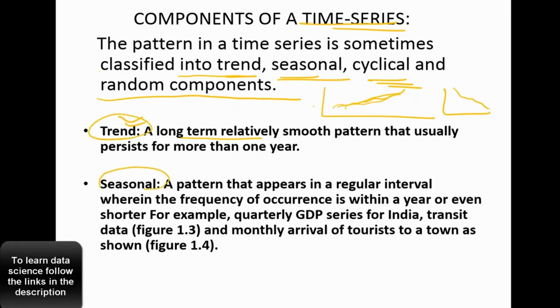And then we call it seasonal. A seasonal pattern is nothing but something that appears at regular intervals, wherein the frequency of the occurrences is within a year or even shorter. For example, quarterly GDPs, or maybe sales. So seasonal could be if you use sales data. Every December there is a peak, because December is the holiday season, right?